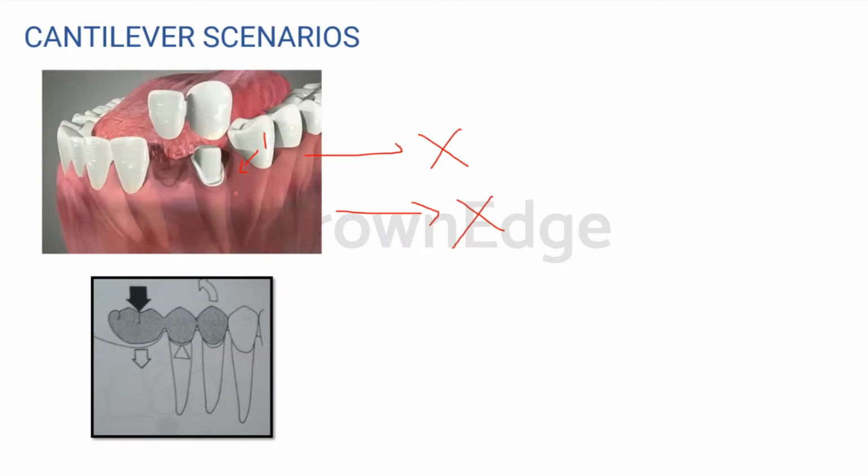Okay. The only way we can give a cantilever is by taking the support of a canine. A canine can be taken as a support and replace either the lateral incisor on one side, or if the bite is not too compromised, you can also replace your first premolar, because the canine is strong and it's surrounded by weak abutments like your lateral incisor and your first premolar on either side.